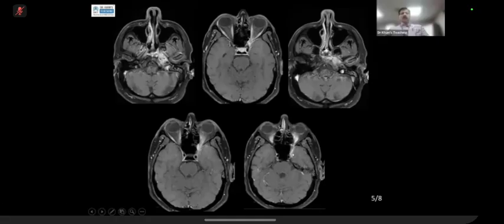Excellent. So we can see cavernous sinus thrombosis here, and I will show you cases maybe next session. Please remember that there can be secondary thrombosis of the ICA.